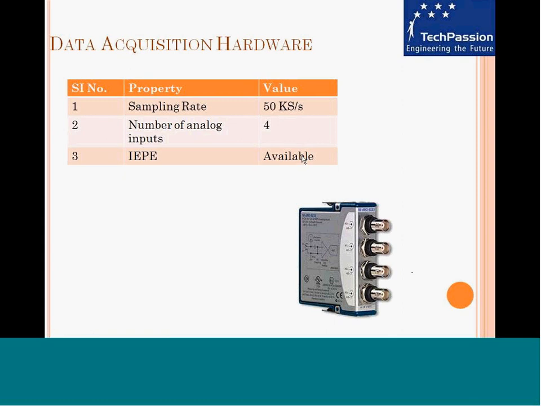The data from the hammer and the accelerometer are signal conditioned and digitized, and recorded in a computer, and this is done using this data acquisition card, which consists of 4 channels with a sampling rate of 50 kilosamples per second, and these are channels which can connect to IEPE-enabled sensors.